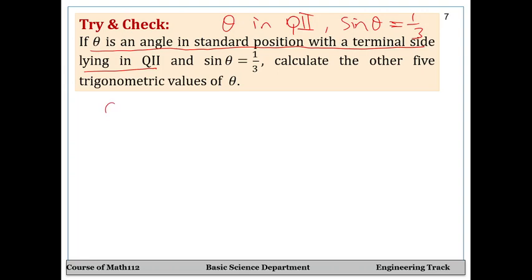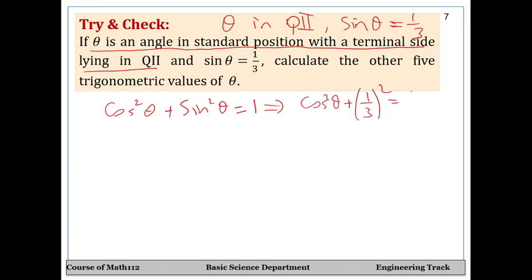What's the relation between cosine theta and sine theta? The sum of their squares is 1, so it will be sine squared theta plus 1 over 3 squared is equal to 1. So cosine squared is equal to 1 minus 1 over 9, so it will be 8 over 9. So cosine is equal to plus minus square root of 8 over 3.